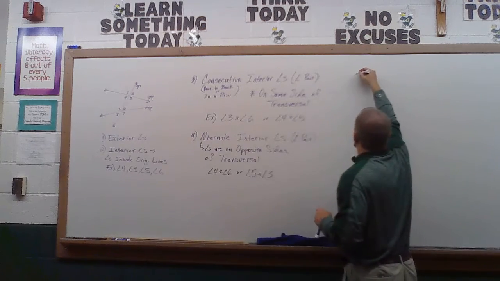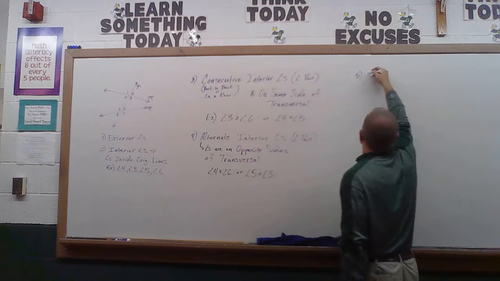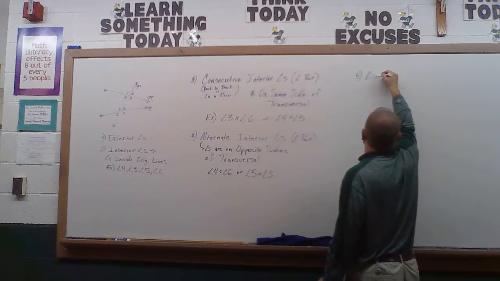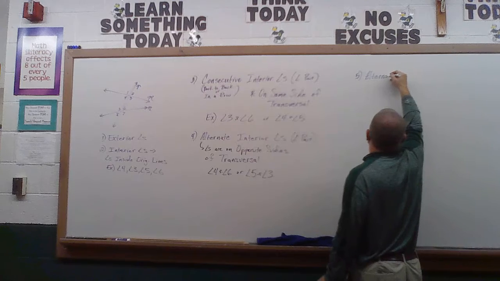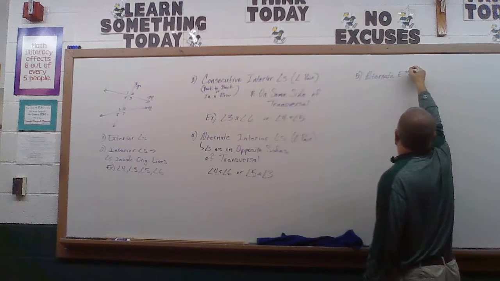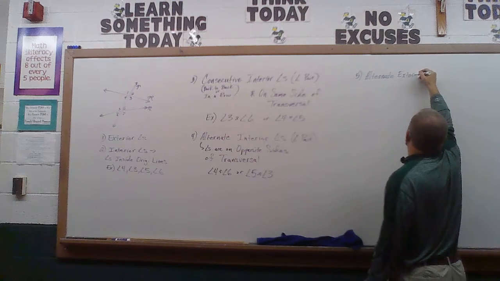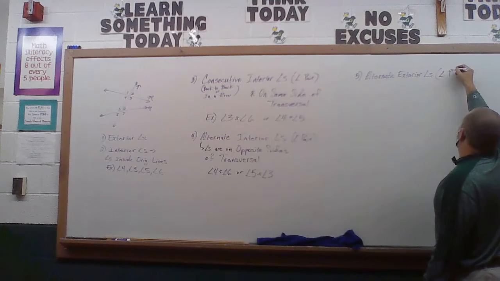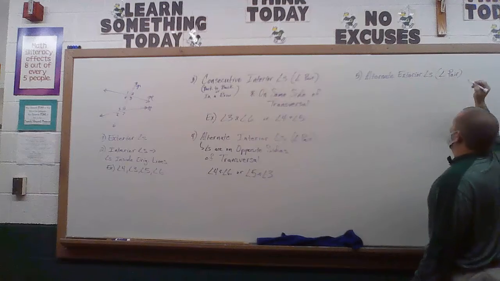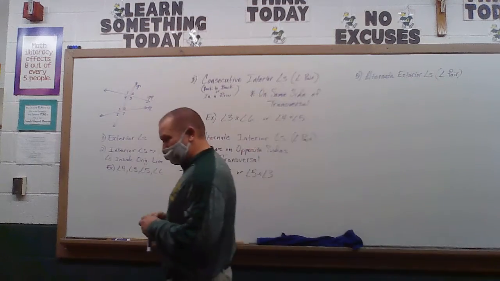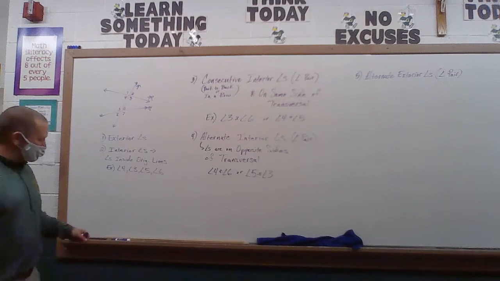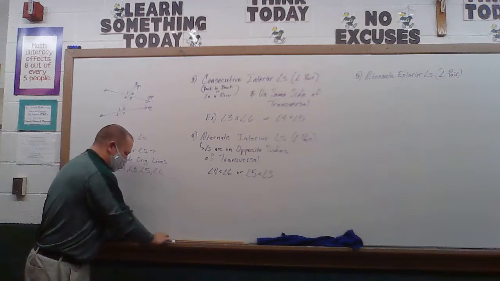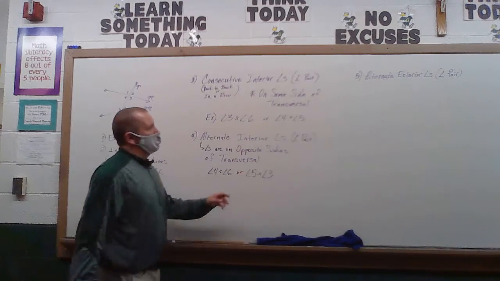Number 5, if we have alternate interior, we probably can have alternate exterior. So again, this is going to be an angle pair. So we're talking about 2 angles. So again, as the definition went from the last one, alternate still means on the opposite side of my transversal.